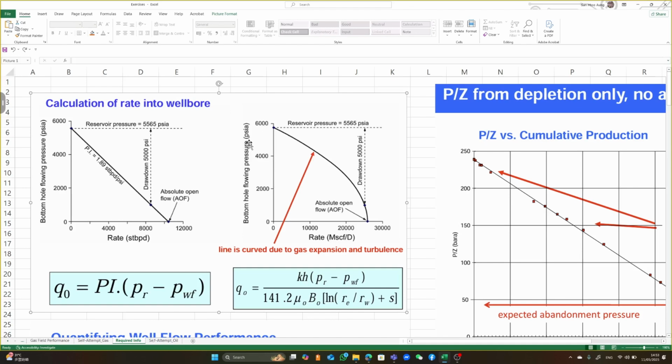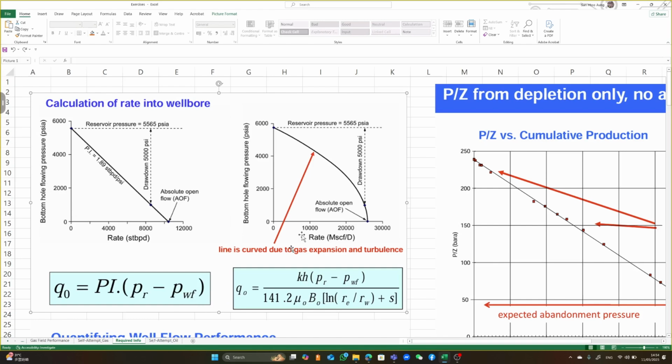So there are actually different ways of how these bottom hole flowing pressures decrease with time. One is a very simple one, which is flow rate is equal to productivity index times reservoir pressure minus well flowing pressure, which is actually the bottom hole flowing pressure.